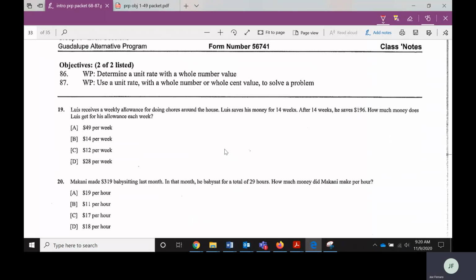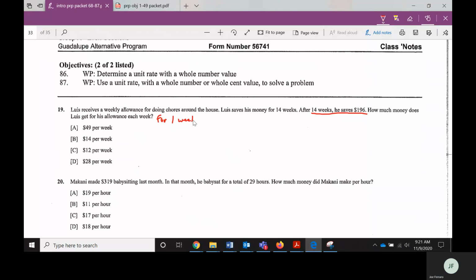If we're doing it the same as these other proportions, we have a known pair, which is the 14 weeks that goes along with the $196. We don't see another number here, but anytime it asks for each week or per week, or per hour or each hour, that means for 1 week in this case.